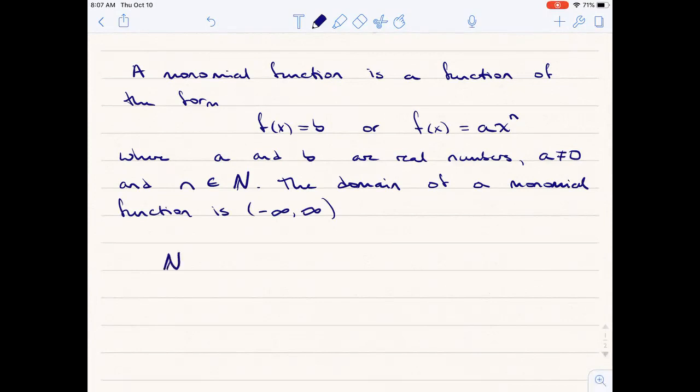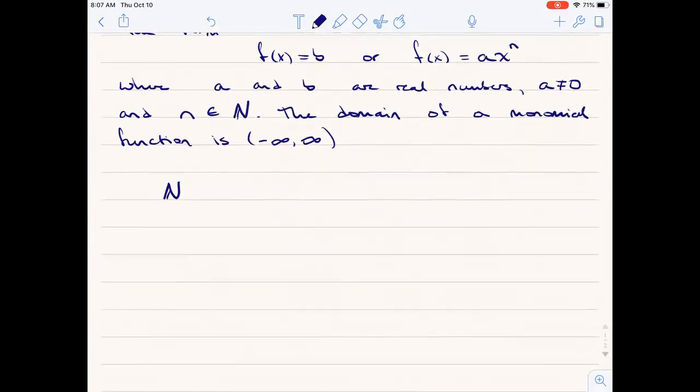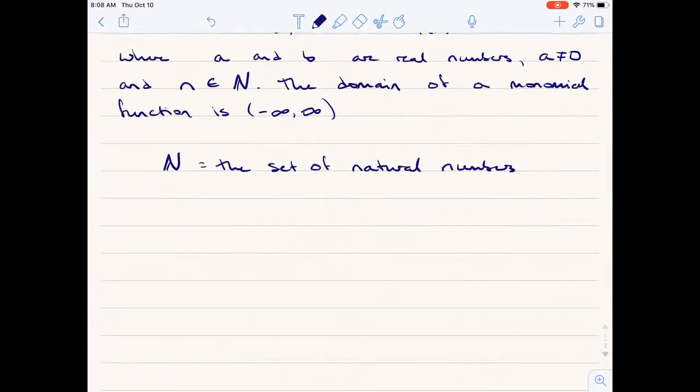Here, I'll just clarify, n is the set of natural numbers, which are the set starting at 1, going up by whole numbers 1, 2, 3, 4, on and on and on.